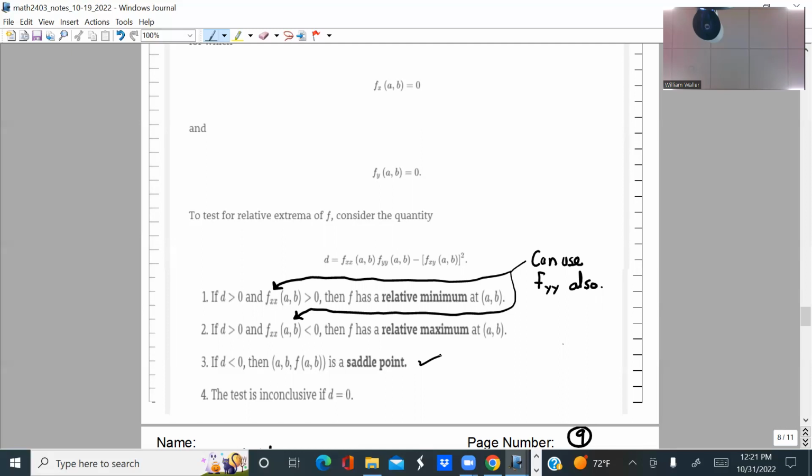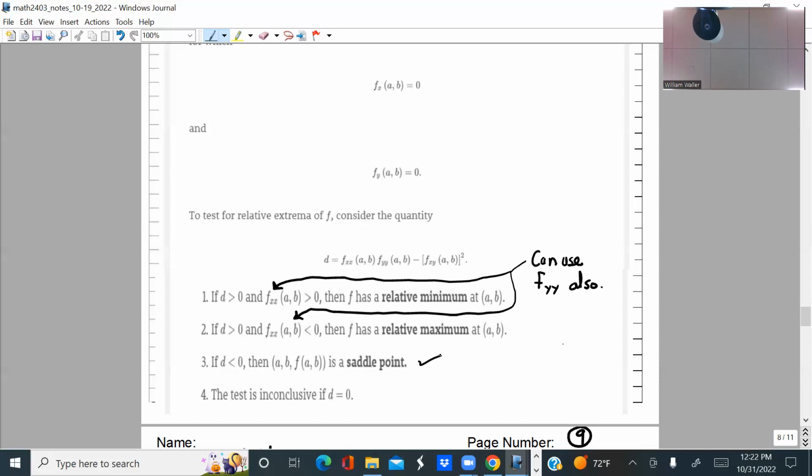The conditions of the theorem say the first partial derivatives both vanish, and also the second partials have to exist. So sometimes that fails. All right.